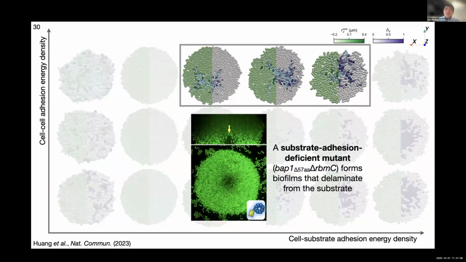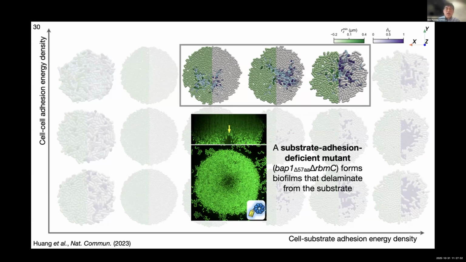But as it turns out, this is something that happens experimentally. So deep within the SI of this paper that was recently published from our lab, this is an image of a biofilm formed by a Vibrio cholerae strain that has strong cell-cell adhesion, but intermediate levels of cell-substrate adhesion. And lo and behold, we do see this delaminated core in the middle of the biofilm.